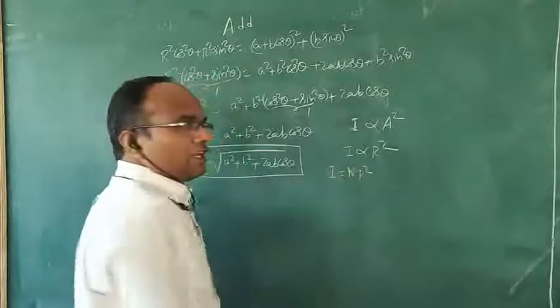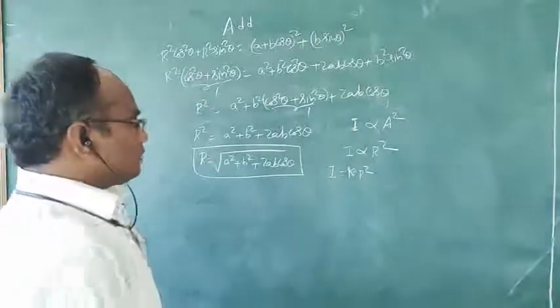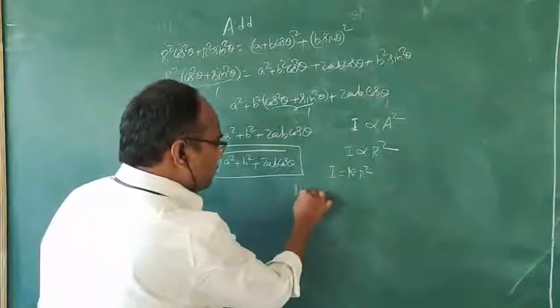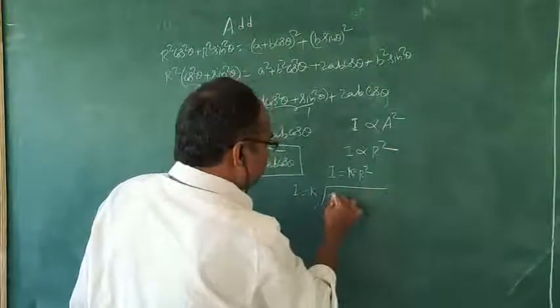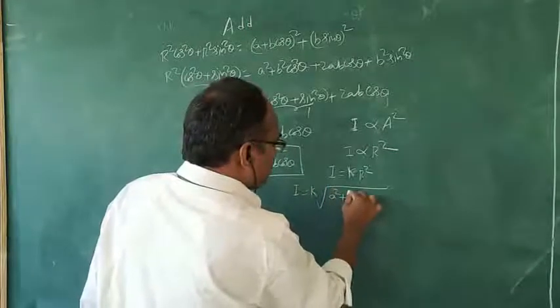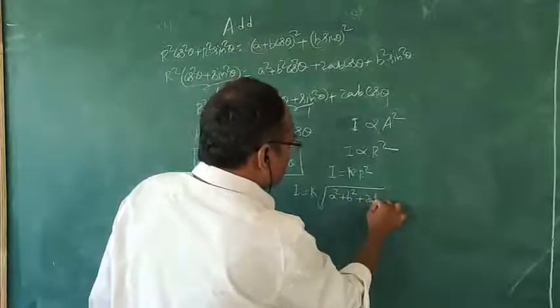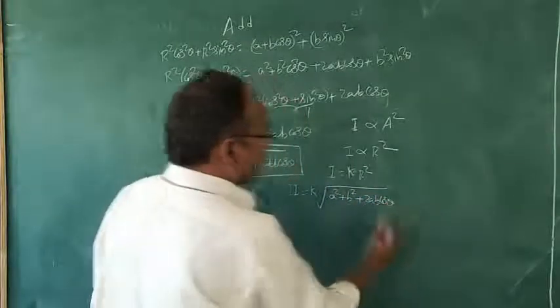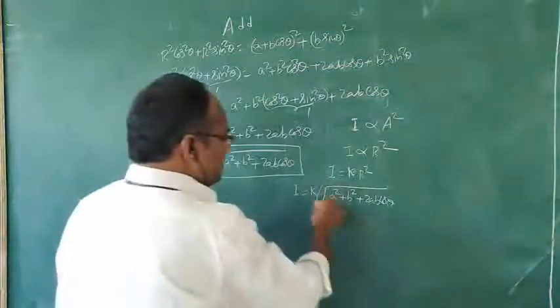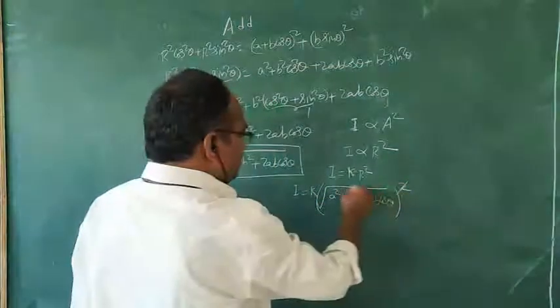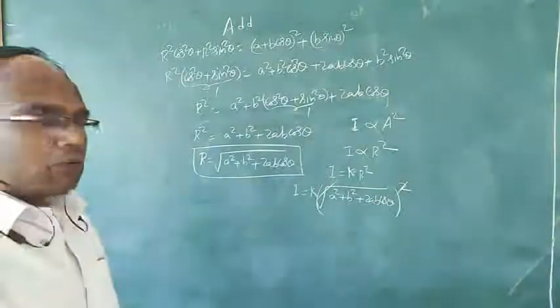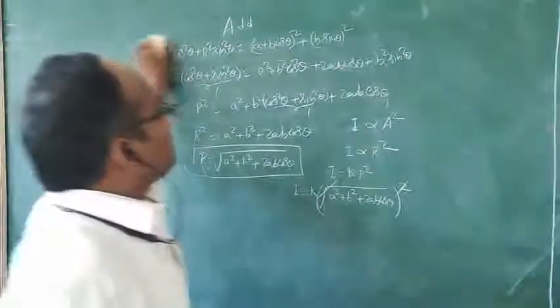I is equal to k into r square means what? Root of a square plus b square plus 2ab cos theta, this is whole square. So square root cancels.